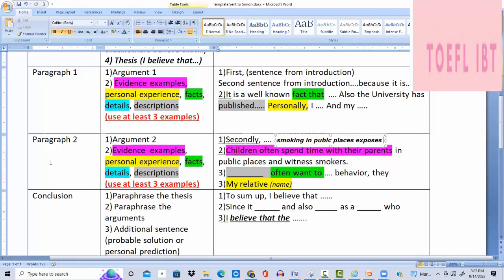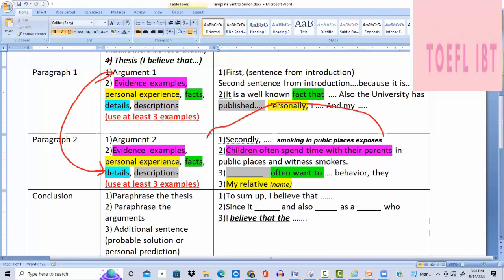The very same as what you had in paragraph 1. Paragraph 2 is going to have the same types, something different, but evidence, personal experience, all the same. Do you understand? Yes.